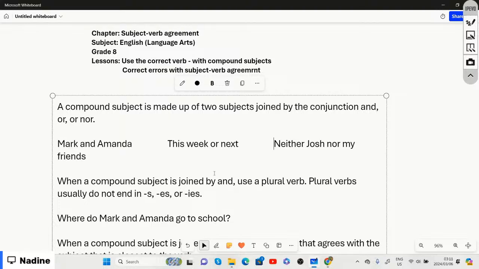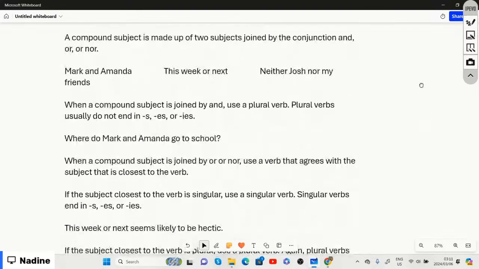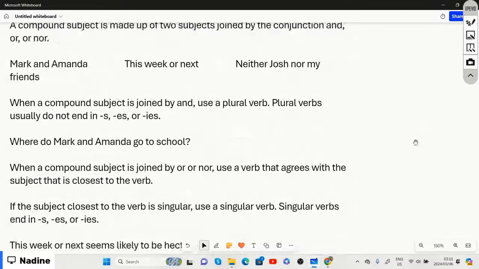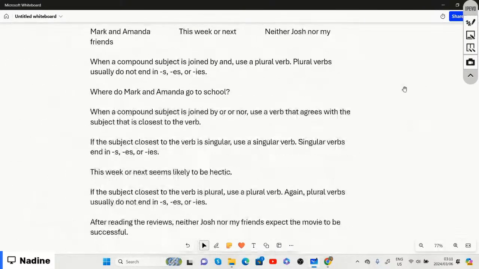So when a compound subject is joined by and, we use a plural verb. And plural verbs usually do not end in s, es, or ies.